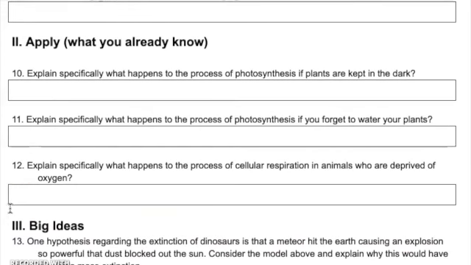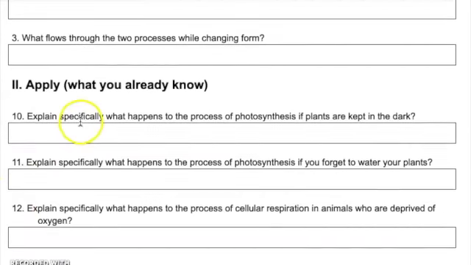Okay. So for number 10, it says explain specifically what happens to the process of photosynthesis if plants are kept in the dark. Okay. So in our photosynthesis exit ticket that you were assigned a few days ago, there's a short video for you to watch about plants, and it talked about plants going through photosynthesis and cellular respiration.